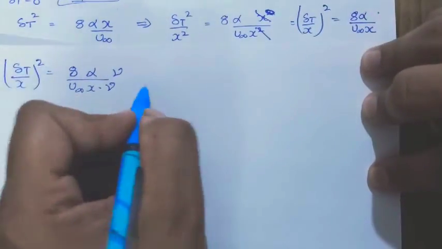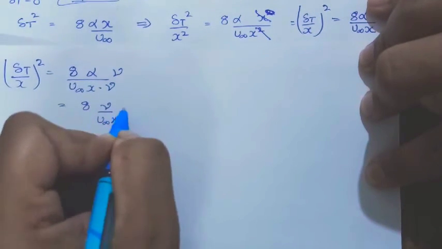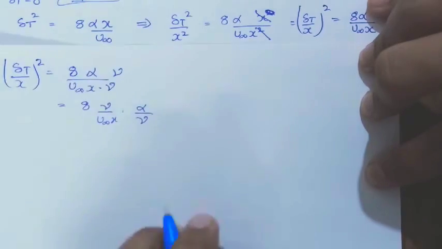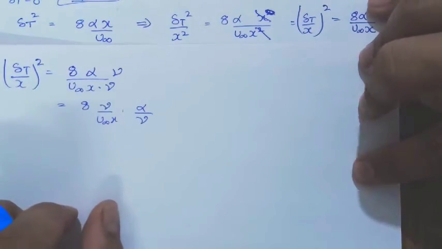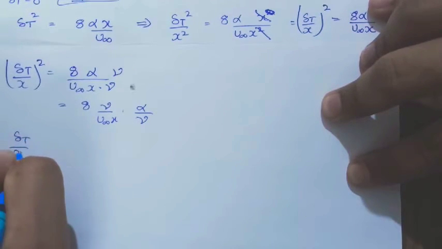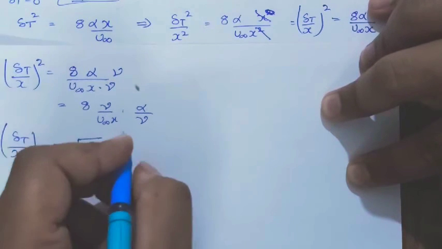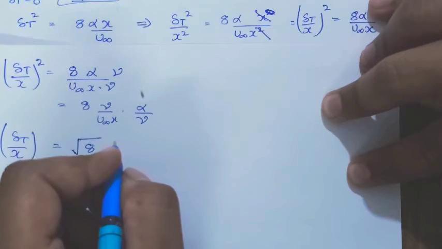And if I do this, this will become 8 mu by alpha by mu, right? So this delta t by x is nothing but root of 8.